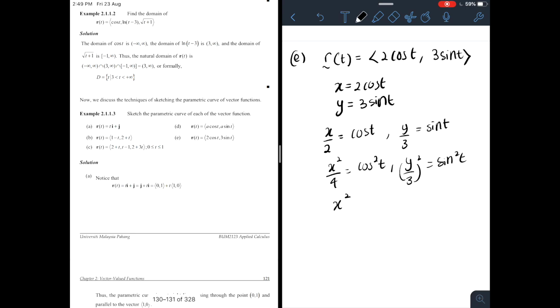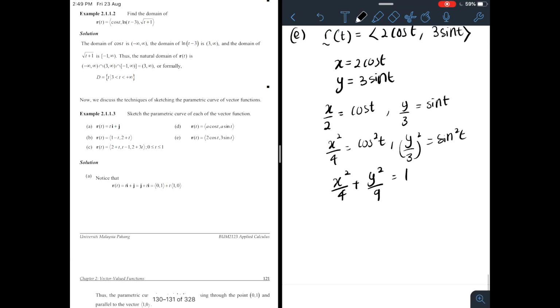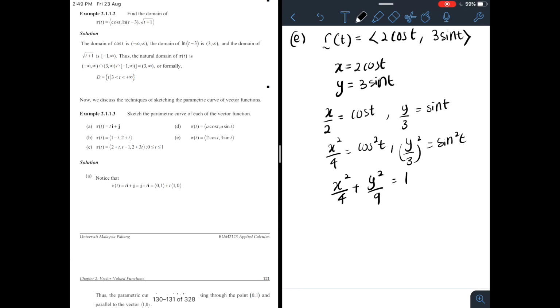I will get x squared over 4 plus y squared over 9 is equal to 1. So this is the equation that will give you an ellipse, where the ellipse is longer along the y-axis since 3 is greater than 2.